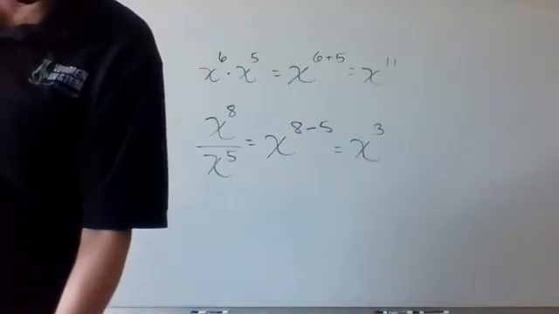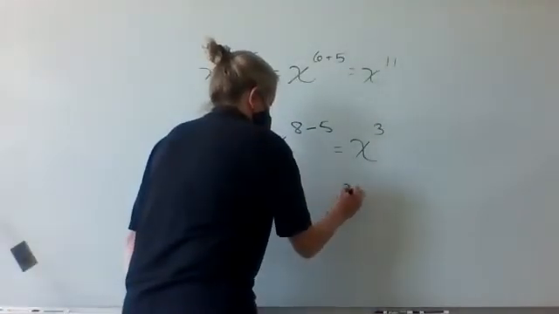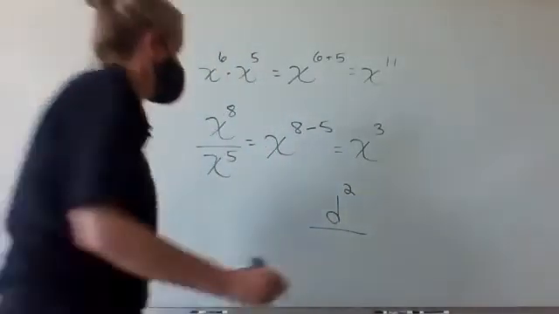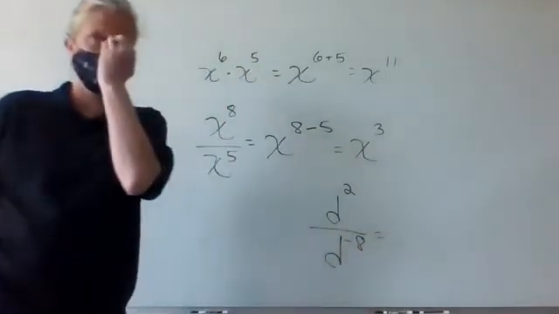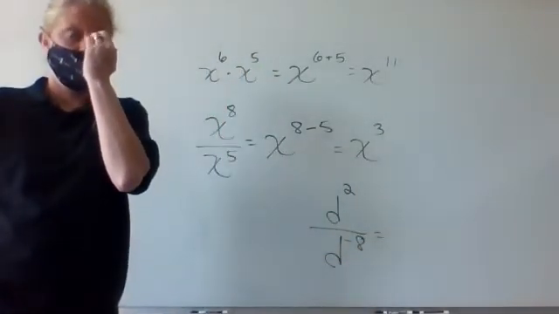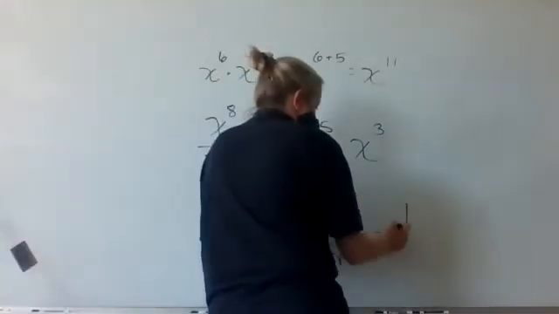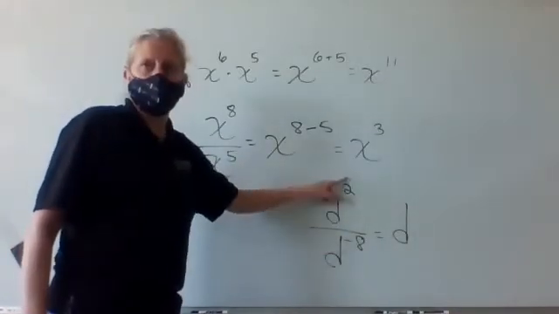So on number 7, you have d to the second over d to the negative 8. Subtract the exponents, right? Because I'm dividing. So I have d. I've got to do the top exponent minus the bottom exponent.